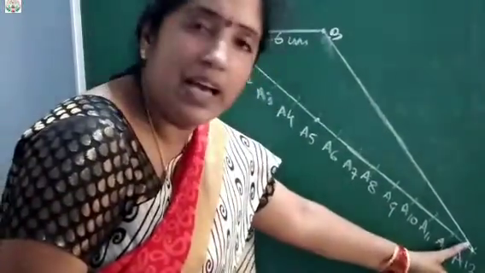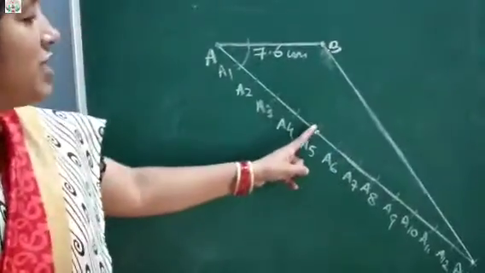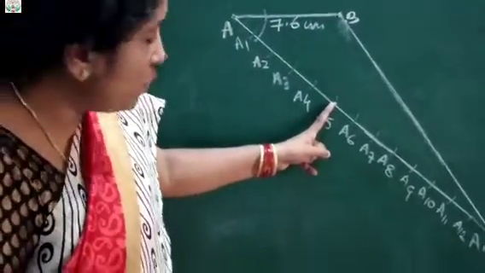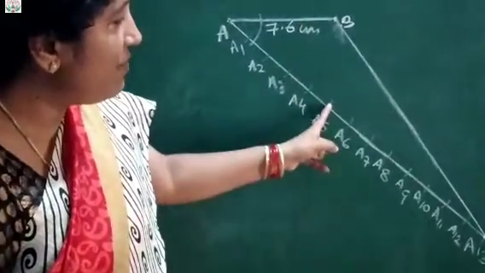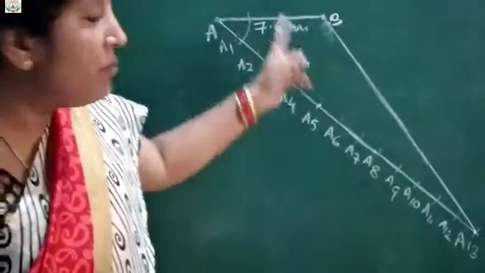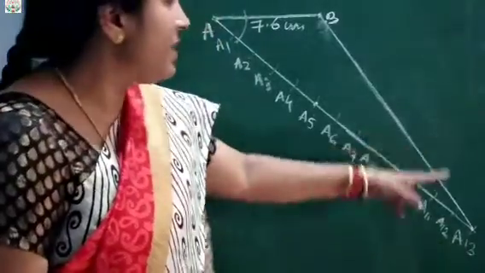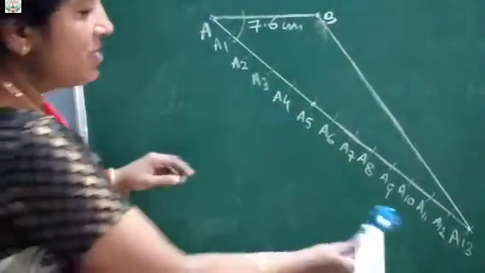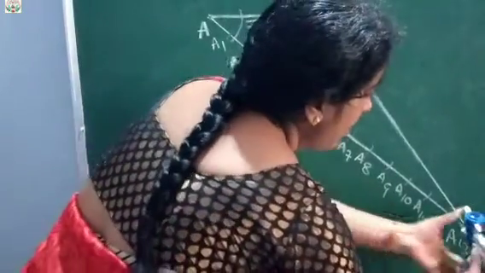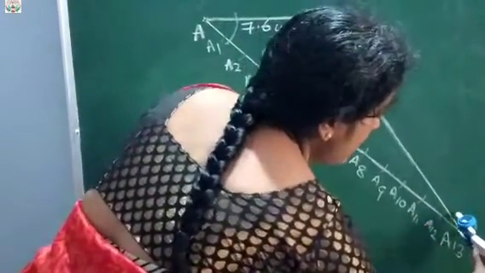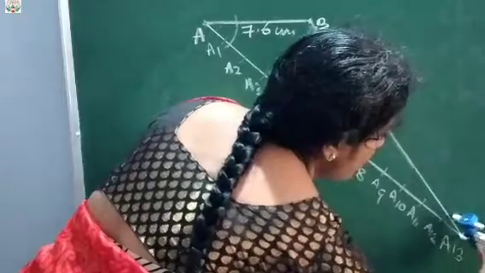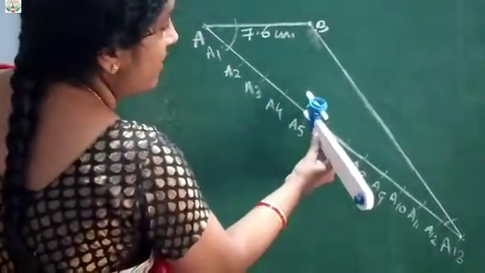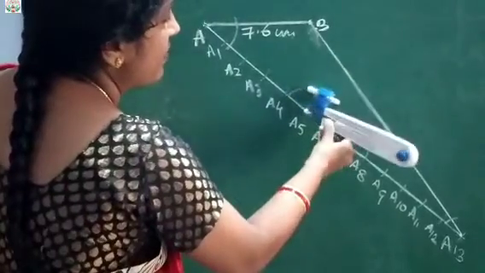Whatever angle we have at A13B, the same angle we have to construct at A5, so that the line we draw from here is parallel to A13B. For that, first draw an arc of any measurement here, and the same arc at A5 also.